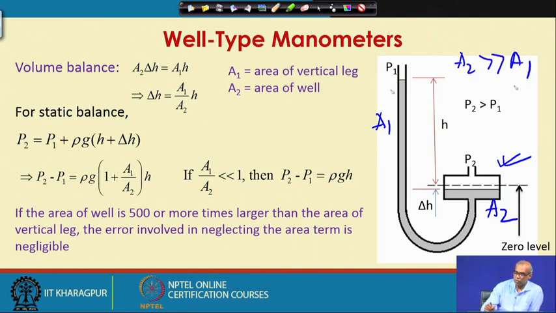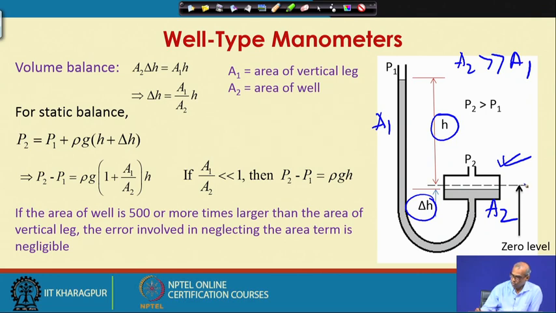Now, when these two limbs are connected to different pressure sources, the level of the mercury in the well goes down by a very small amount, let us say delta H, and the level of the mercury in the low diameter leg increases much, and let this reading be H.